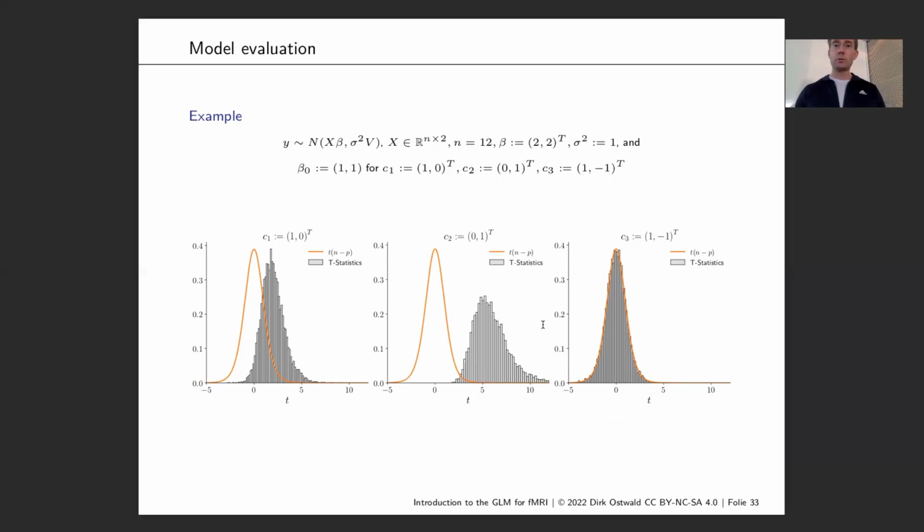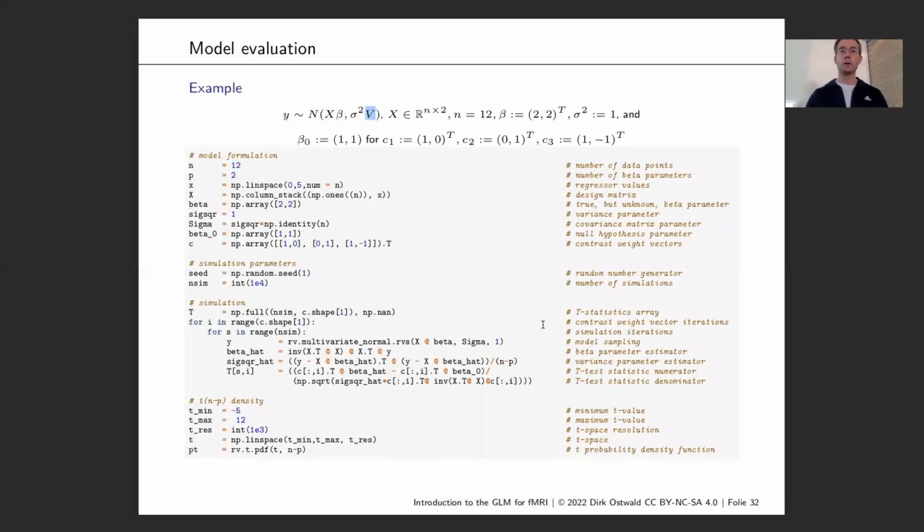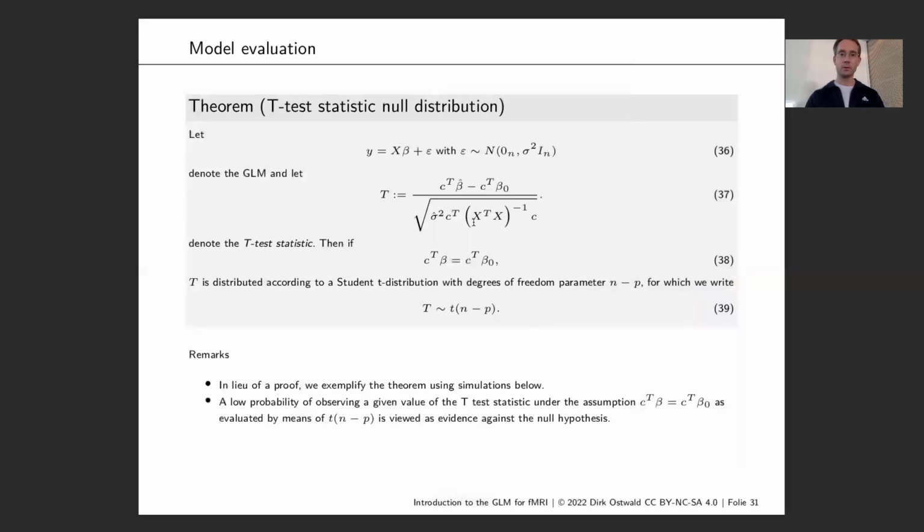Yeah, it's a good question. I also didn't go into many more details, but the difference is how the columns of the design matrix look, and how the denominator is different.